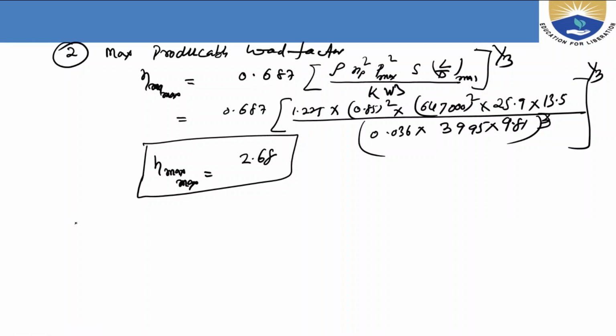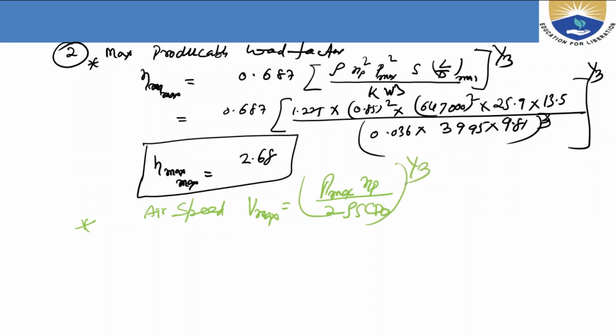And what is the airspeed in this case? Airspeed, that is V max, is equal to P max eta P divided by 2 rho S CD naught, to the power 1 by 3, and you put this value.